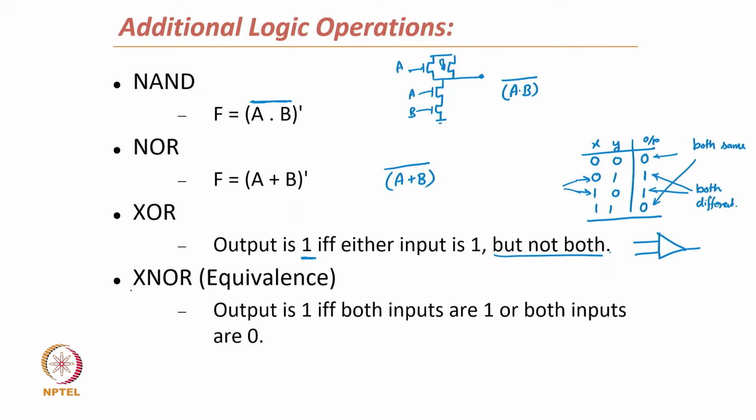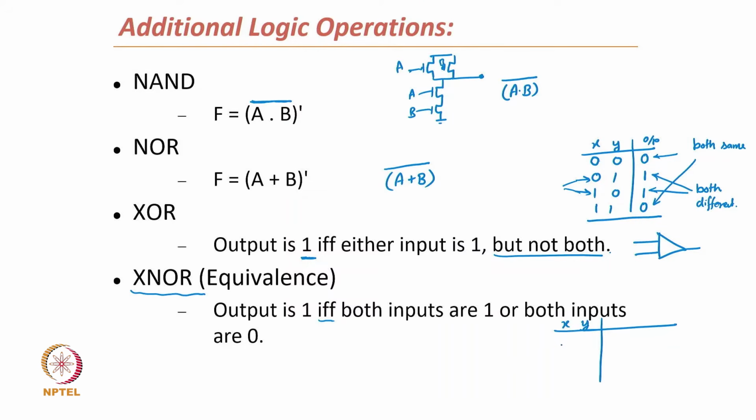Another logic gate is the XNOR gate, where the output is 1 if and only if both inputs are 1 or both inputs are 0. So, this is exactly the dual of the previous one.